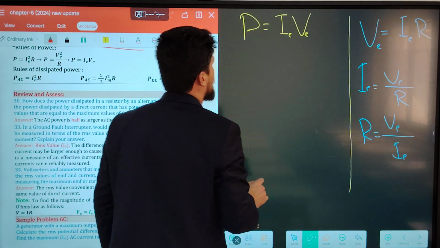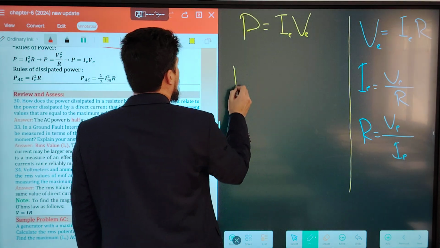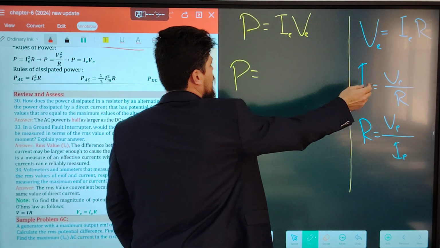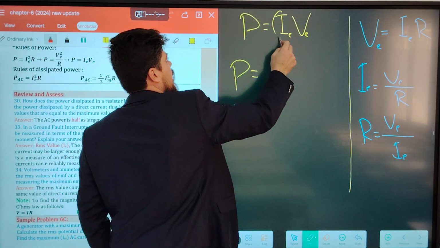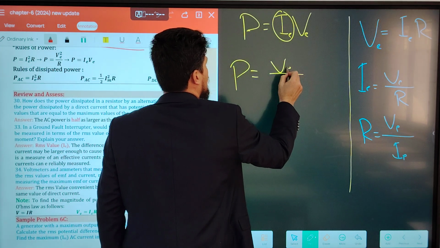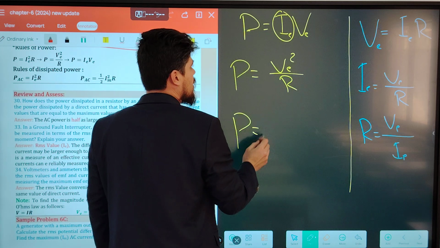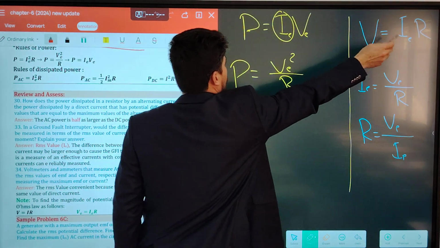According to this equation of power, IE is equal to what, guys? VE over R. And instead of IE, write VE over R, so VE times VE, VE squared over R. VE is equal to what? IER.